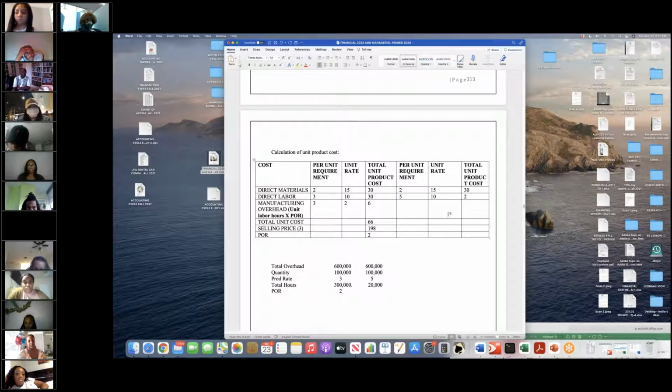So basically, you're dividing 100,000 by 5, right? Correct. Okay. So you divide again. So you either multiply and keep on multiplying, or you divide and keep on dividing. So now when we calculate the POR, it's going to be 600 divided by 20,000.